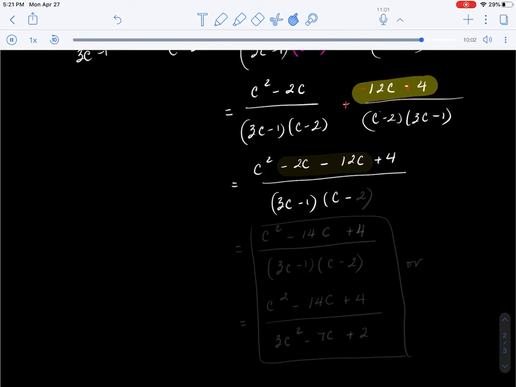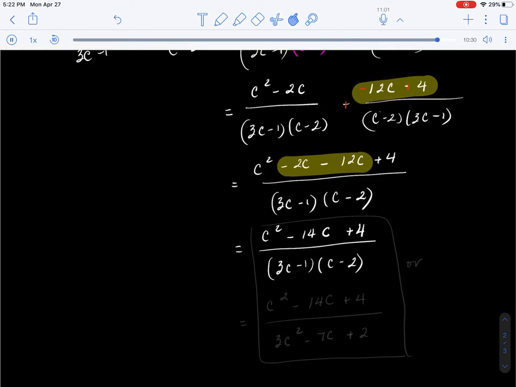Let's simplify the like terms. That should give me c squared minus 14c plus 4. I can rewrite the bottom as is, or I can simplify further using FOIL.